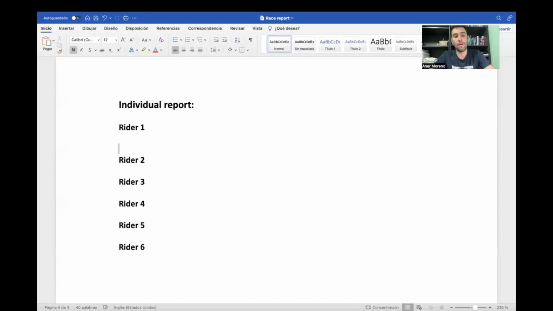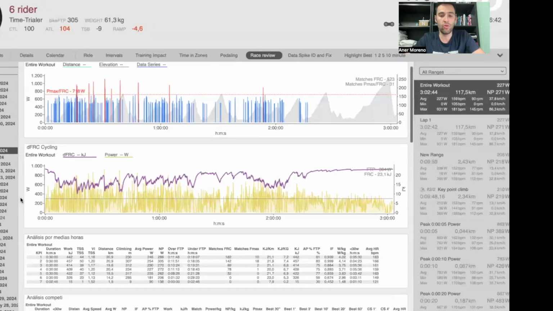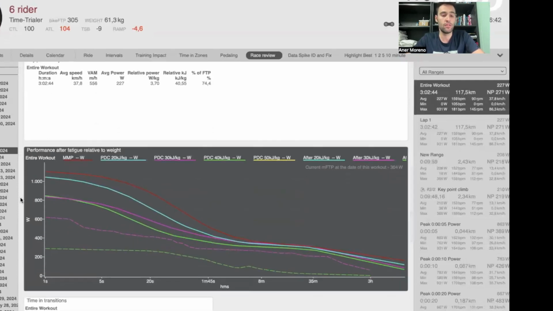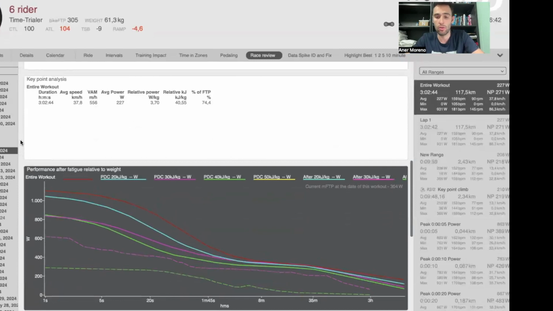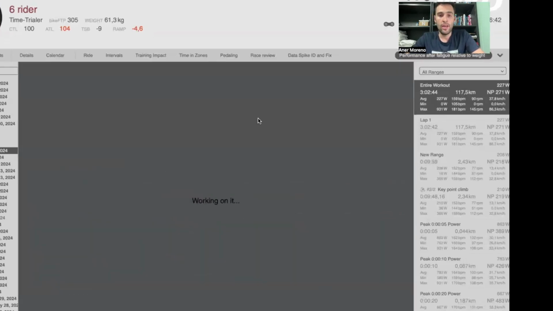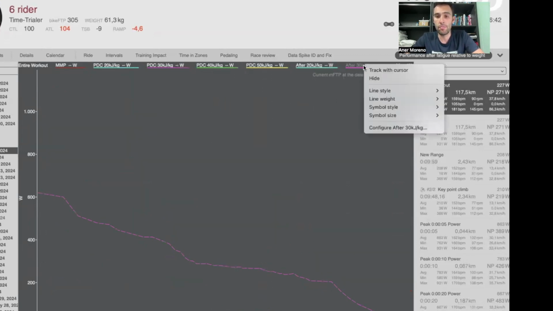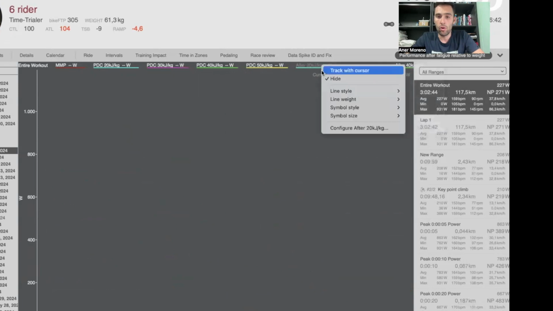This is also more work for the data analyst, but this is a lot of information for the person who is in the direction as a sport director of the race. Here I have this chart in which I can see the efforts made on fatigue.